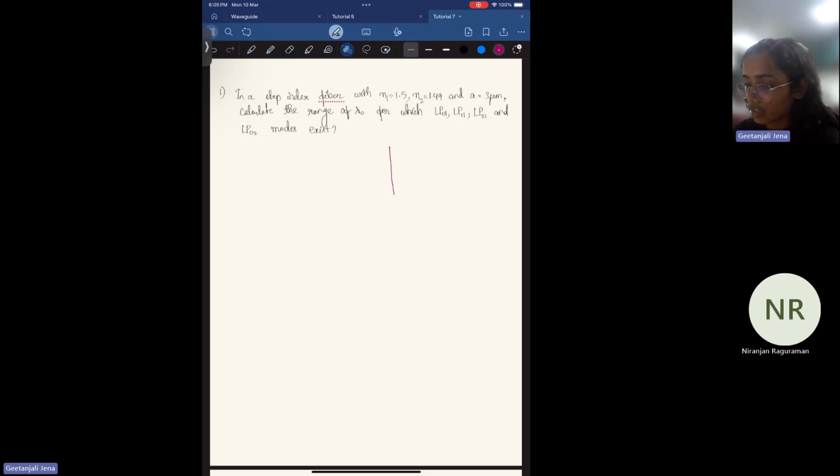So we have a curve like this. This curve tells us about the allowed conditions and the cutoff conditions. All this information you can get from the plot between b and V. The maximum value of b is 1, and the mode that is always guided inside the fiber is the LP01 mode.